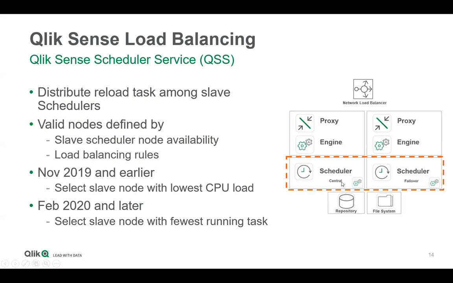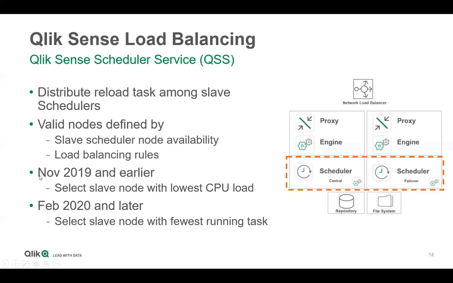The master scheduler always decides which sleep scheduler node the task reload should happen on. The scheduler also has its own algorithm to evenly allocate the task reload workload on the sleep scheduler nodes.